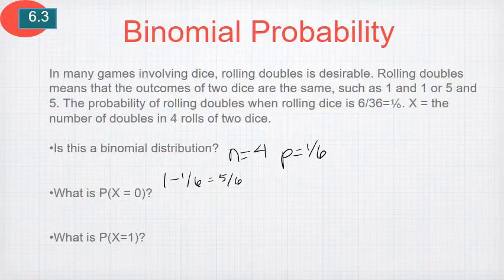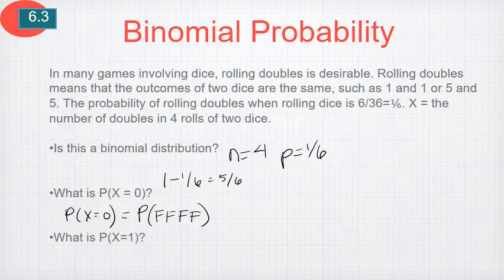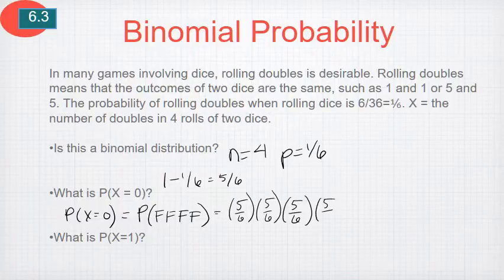So I'm going to write this out here. We have the probability of X equals 0. Another way to write that is the probability of me getting a failure, a failure, a failure, and a failure. Essentially I'm multiplying 5/6 times 5/6 times 5/6 times 5/6, the probability of getting a failure every single time.